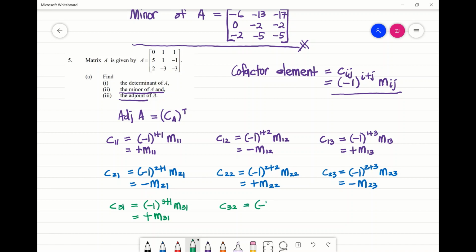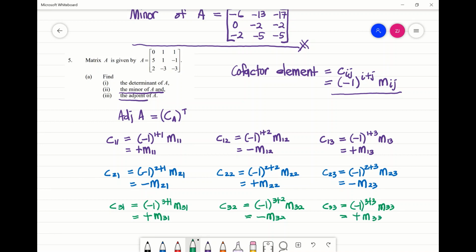We substitute into the formula negative 1 to the power of 3 plus 2 times M32, and then we get negative of M32. And then we have C33, the last cofactor element. So negative 1 to the power of 3 plus 3 times M33. So we will have negative 1 to the power of 6, which is positive M33.